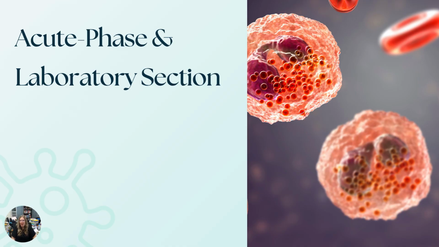All right, so now we're bringing all of this back to the laboratory. We've talked about what happens biologically. Now, the next question is, how can we detect evidence that an inflammatory response is occurring? One answer is through acute phase reactants or acute phase proteins.